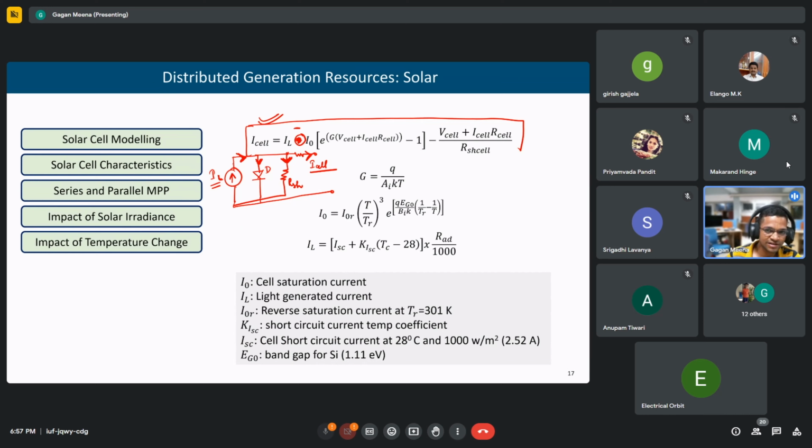All these equations are written behind; when we click on run, these equations are being solved behind. That is why, if we want to simulate, we should know the behavior of all the elements that we connect to make an entire system: how the solar is behaving, how the wind is behaving, and what equations govern them. That is why modeling is a very important aspect.